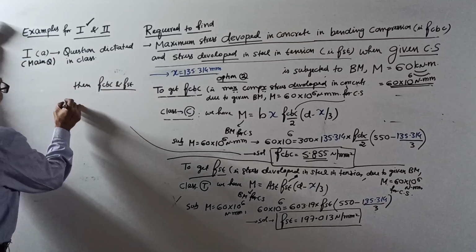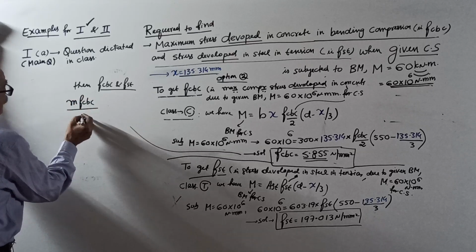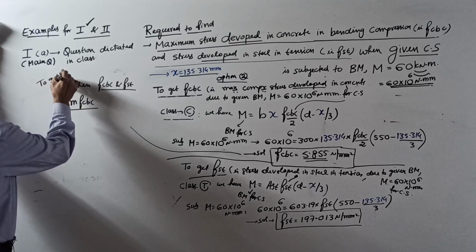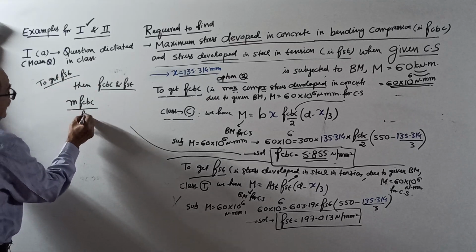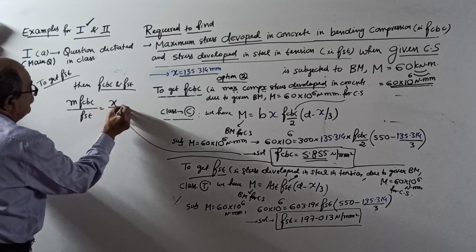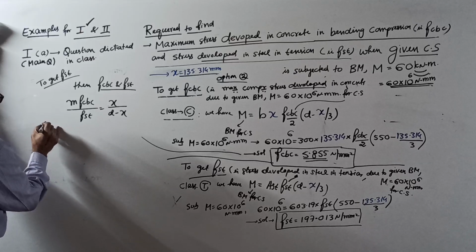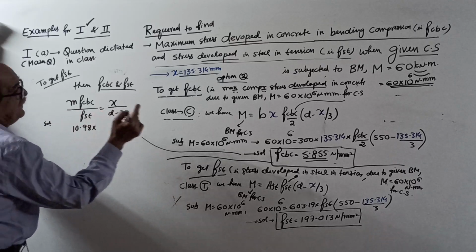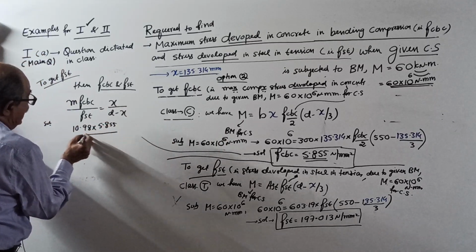The equation is M FCBC by FST equal to X divided by D minus X, to get FST. Substituting FCBC we got, 5.855, divided by FST.